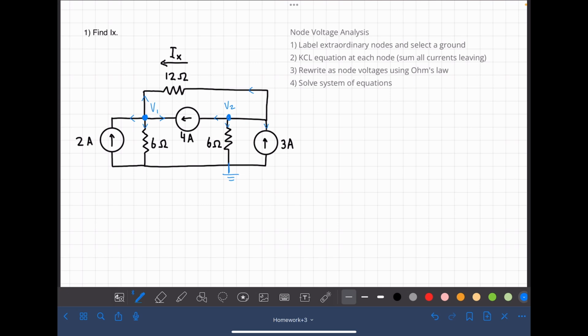So we see we have I1, I2, I3, I4, KCL equation, add them all together, equal to 0. Over here, we'll label this I5, I6, I7, I8. Names don't really matter, just helps us keep track of everything.